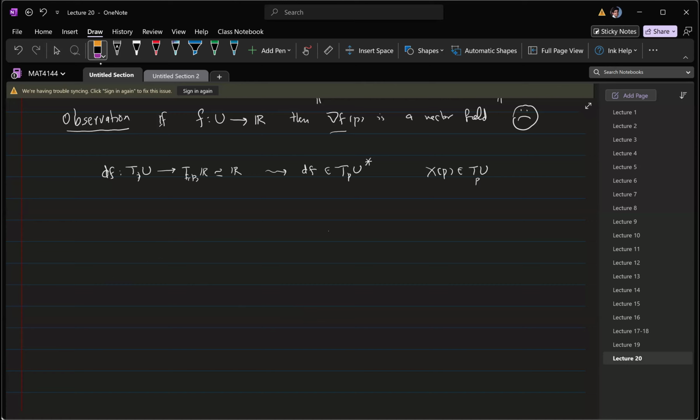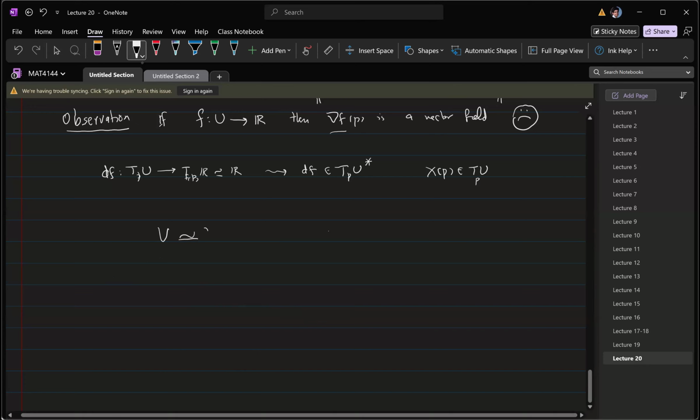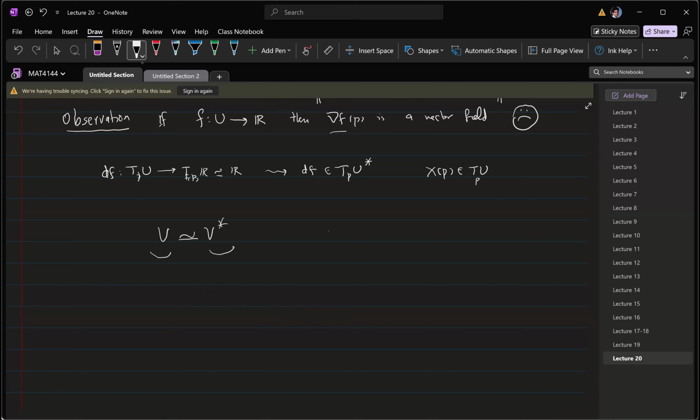Actually, if V is finite dimensional, V is isomorphic to V star. Of course it is, but like I said, the only isomorphisms you can get are by choosing a basis here and a basis here and making them correspond to each other. You cannot give an isomorphism like the one I said, which without any choice of basis gives you the isomorphism.